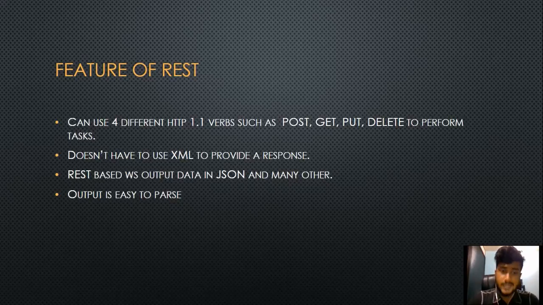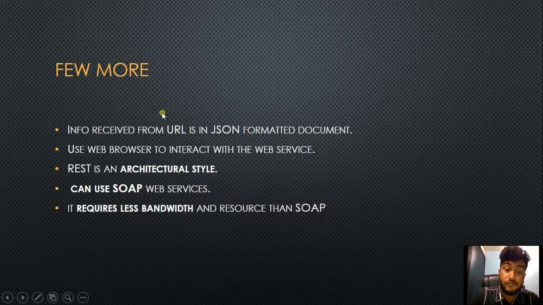It doesn't have to use XML, so it's not bound to use XML, but it can use it. So REST is based on WS, output data in JSON and many others. So output is easy to parse. There are more features, like information received from the URL is in a JSON formatted document.